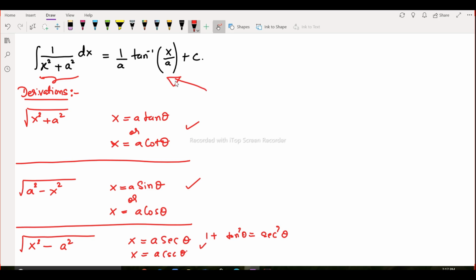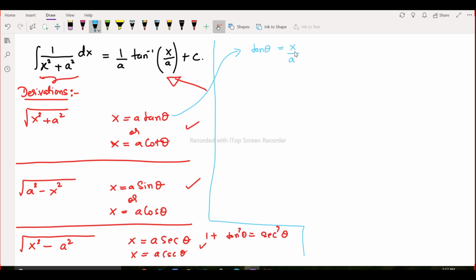Obviously in exams, or even in JEE, you don't need to derive them. You just need to remember the formulas. But let's do one of the derivations just to get a hang of it. Let's do it on this page only so that we get a better idea. We are using substitution. We are putting x is equal to a tan theta, so we write tan theta as x upon a.